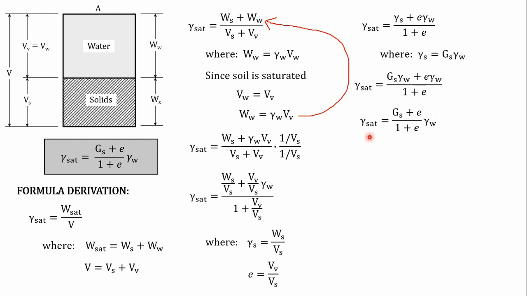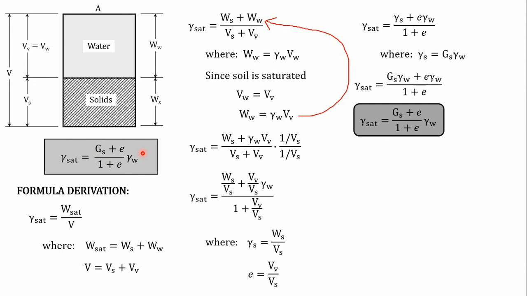So we can come up with this formula: saturated unit weight is equal to (Gs plus e) divided by (1 plus e) times unit weight of water. That's how we derive the formula for the saturated unit weight of soil.